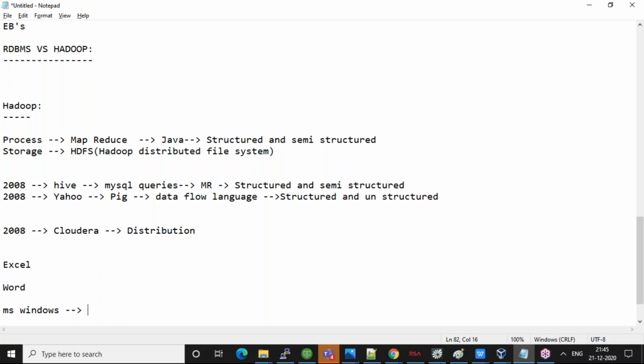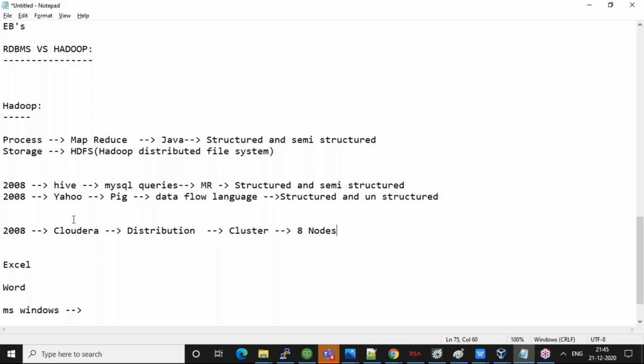The same way, Cloudera is also a distribution. What will Cloudera provide? Cloudera will provide a cluster. Already we have discussed what a cluster is. Suppose previously we were using 8 nodes, and all nodes are connected to one single network; that is called a cluster.